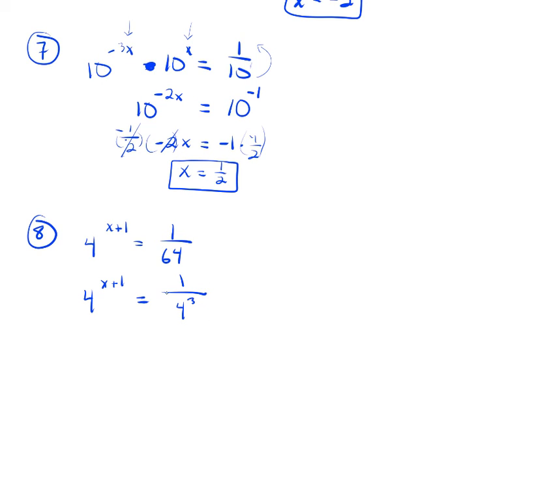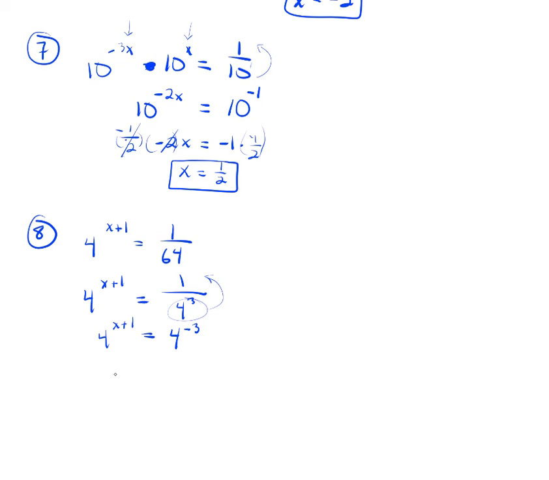Now it's not quite a base of 4 yet. I mean, the denominator is, but I'd like it to be in the numerator. So I'm going to move that denominator up, and 4 to the negative 3 power will be equivalent.